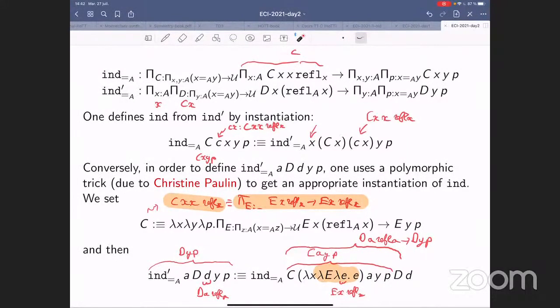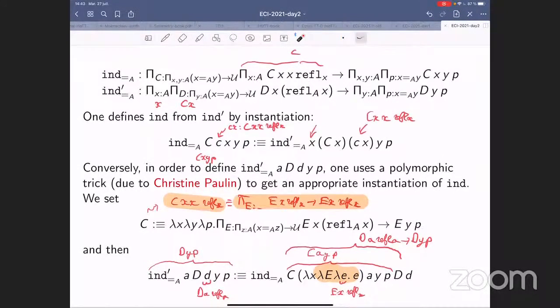So the induction principle returns some function here, which you can continue to apply. You apply it to A, and then to Y, and then to P. Once you've done this, you get something of type CAYP.